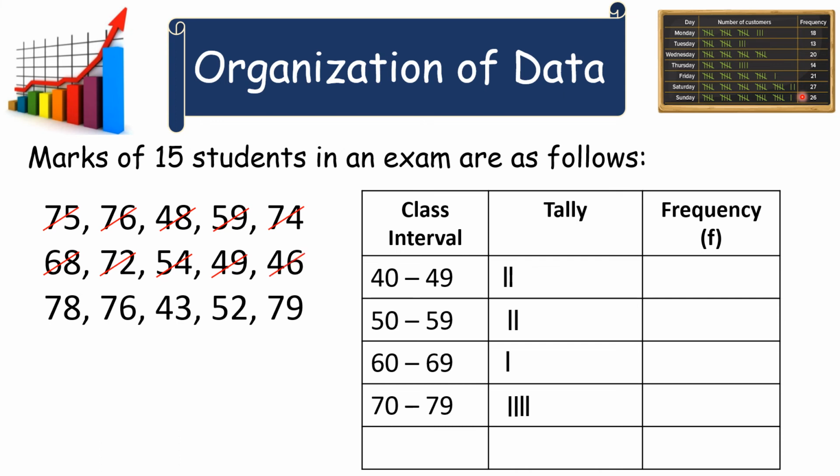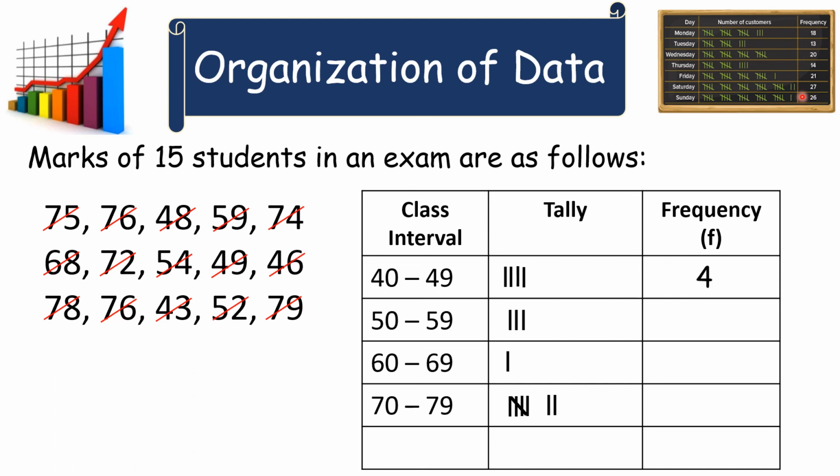And 46 will be at 40 to 49. And 78 under 70 to 79. 76 the same, 70 to 79. 43 will be at 40 to 49, and then 52 will be at 50 to 59. Then the last one, 79, will fall under 70 to 79.